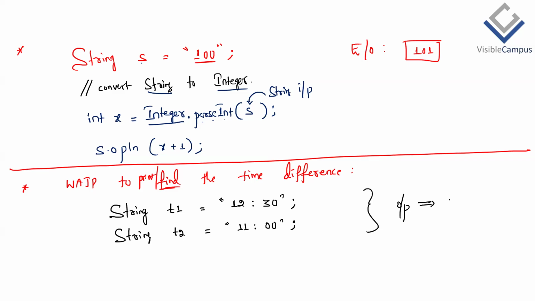In time format, 1 hour 30 minutes. We should get the output in time format only. So this should be the output. So what to do? You think and do it. We have all the knowledge to do this program. Do it. Understood?